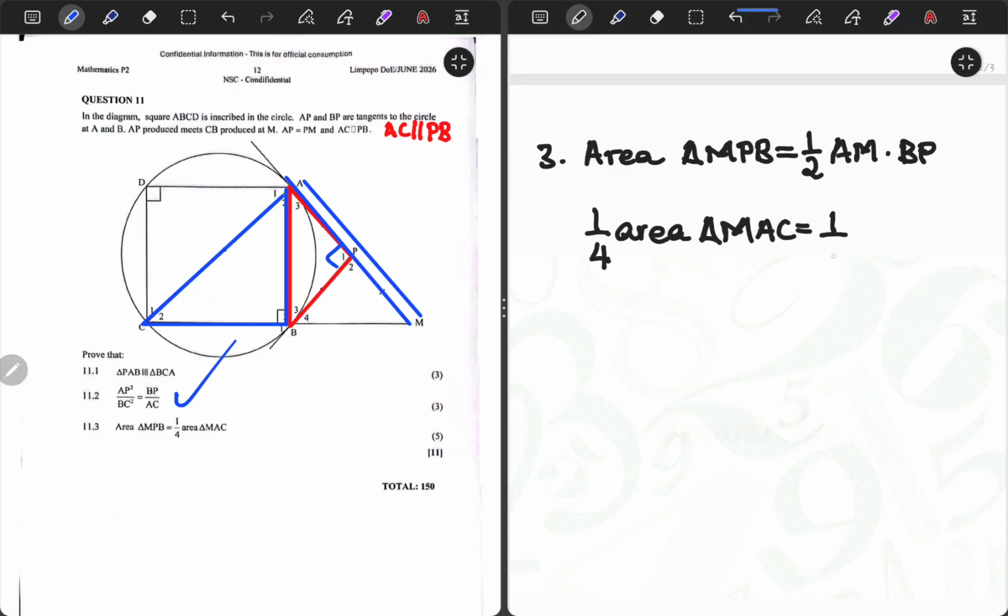Will be 1 over 4. Then we will replace the area of MAC here. Will be half base AM multiplied by height, which is AC.